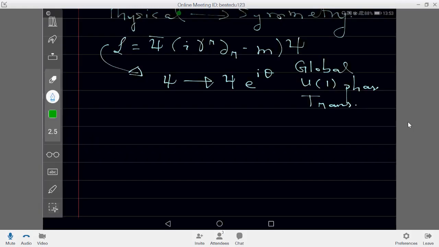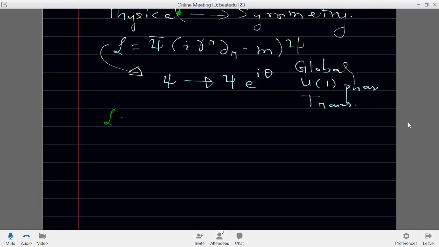Just assume a Lagrangian density in terms of psi bar prime i gamma mu del mu minus m psi prime. Then we change psi, and let psi prime be related to psi of x in this way: e to the power i theta psi of x.